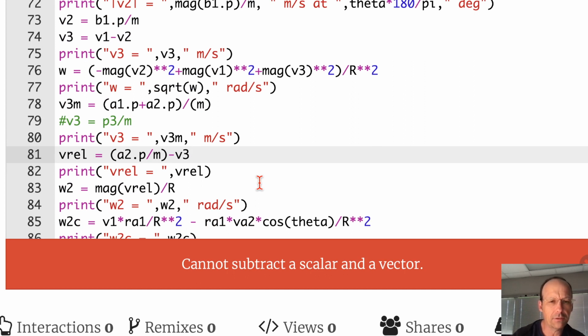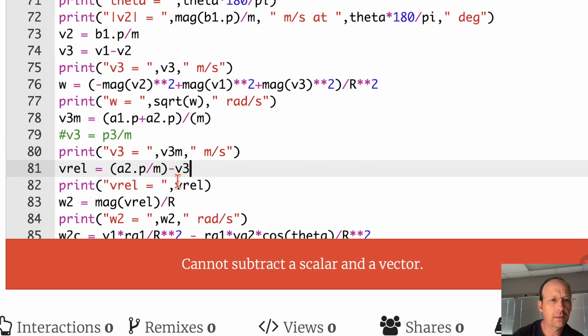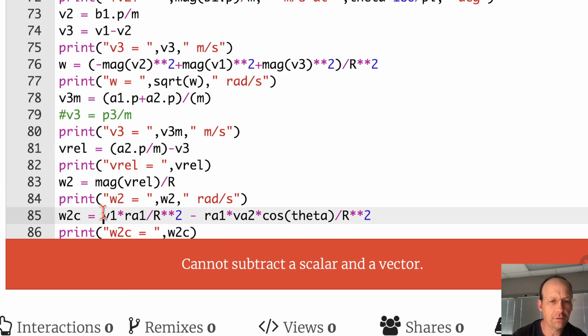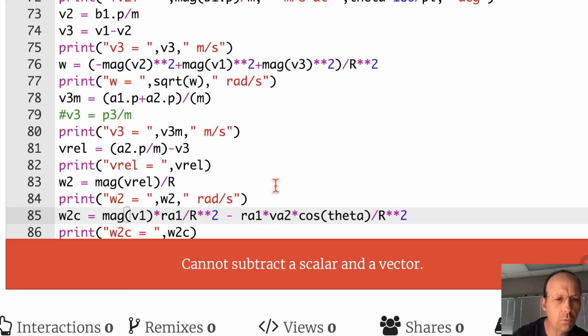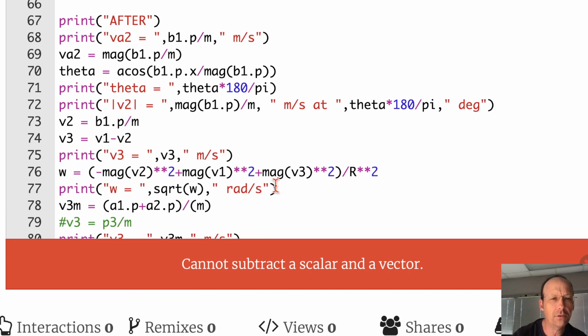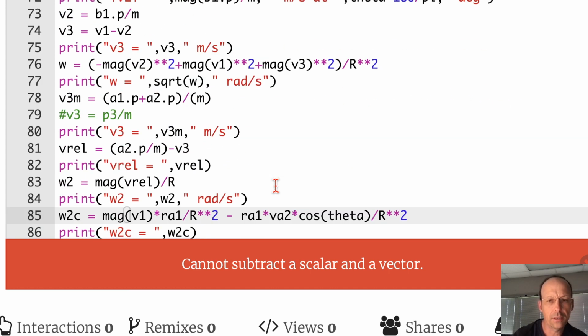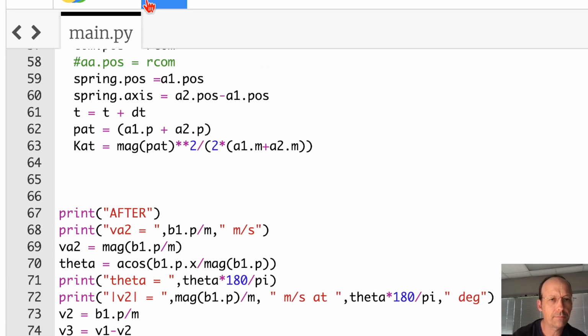That must be a vector. V1 is a vector. So let's put this as a mag. And then RA1 is the scalar. Scalar, RA1, VA2. What's VA2? Do I even have VA2? There it is. Okay. So I think I'm okay. I think that was it.